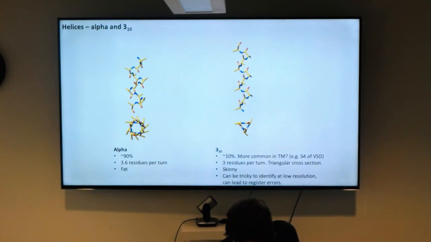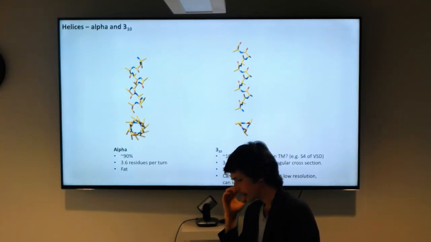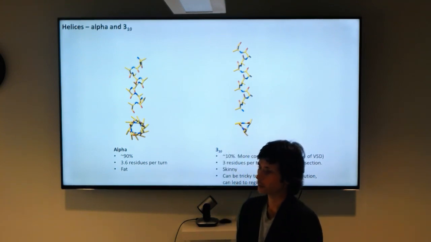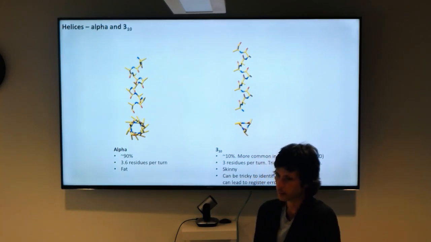Okay, so one thing that I wanted to point out, or a consideration, is that not every helix you encounter will be an alpha helix. There are other types of helices which are populated in the PDB.